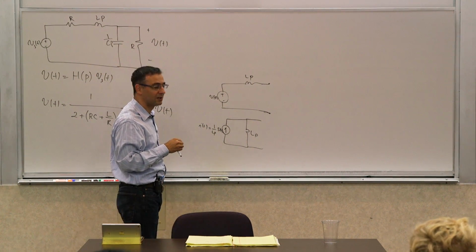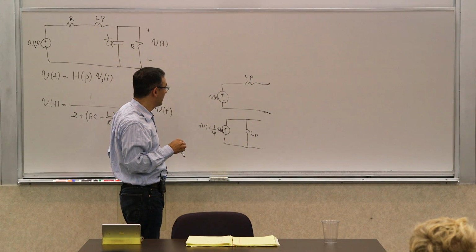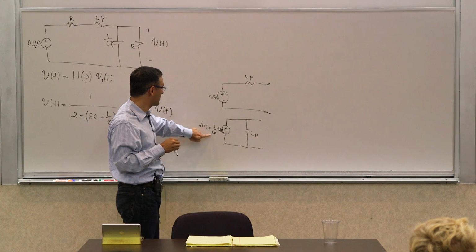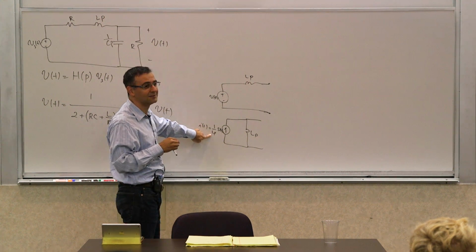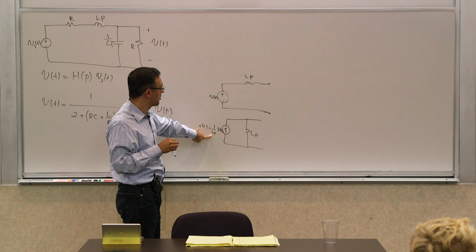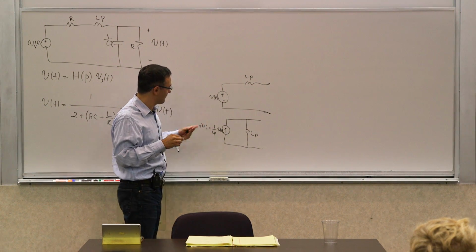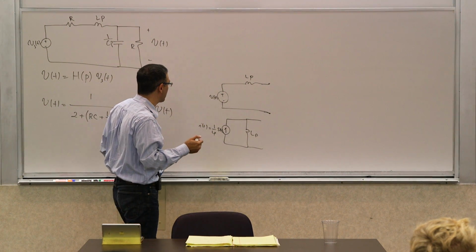So if it's DC, then it would end up just going to 0? If it's DC, no, it won't go to 0 because it's an integral. So it becomes a different source.